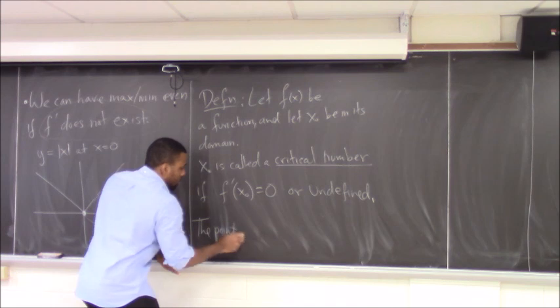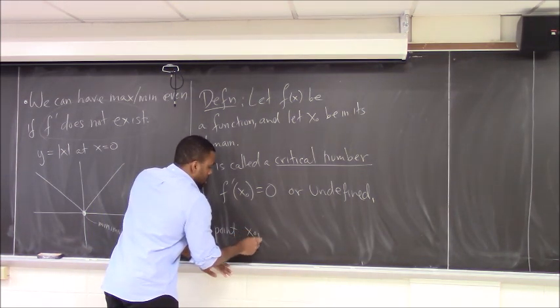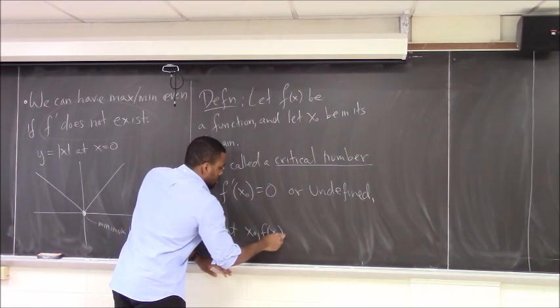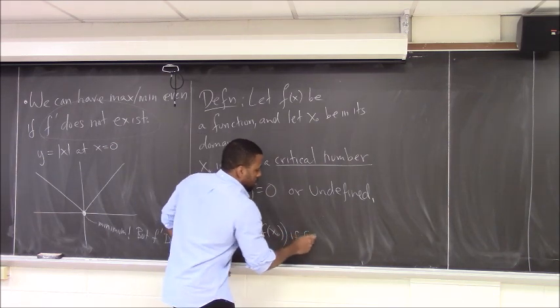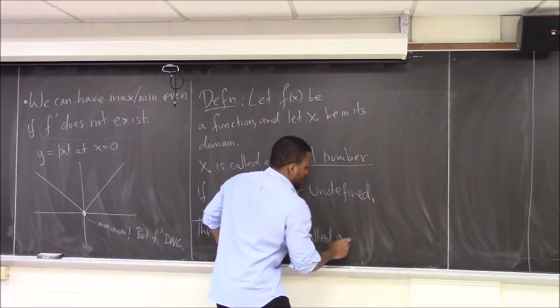The point x naught comma f of x naught is called a critical point.